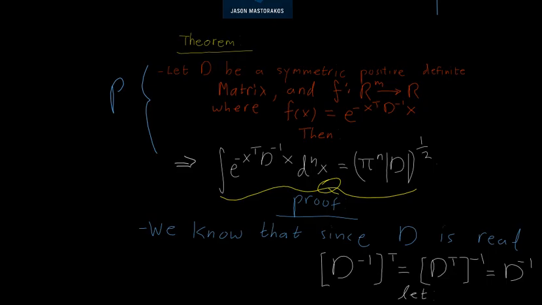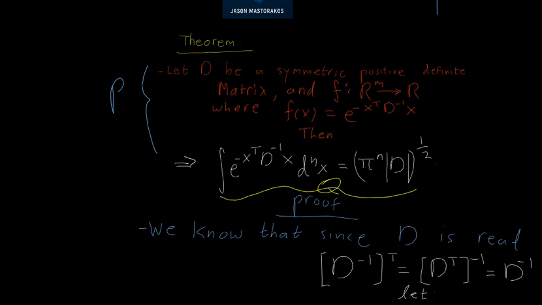So we know P, so starting the proof, we know that since D is a real and symmetric positive definite matrix, then I can say capital D inverse all transposed is equivalent to D transposed to the -1, right? Because I can interchange the transposition with the inverse of the matrix.